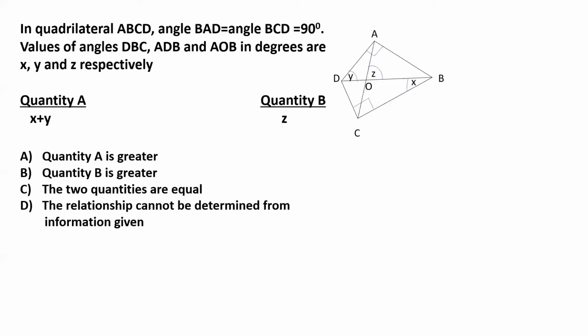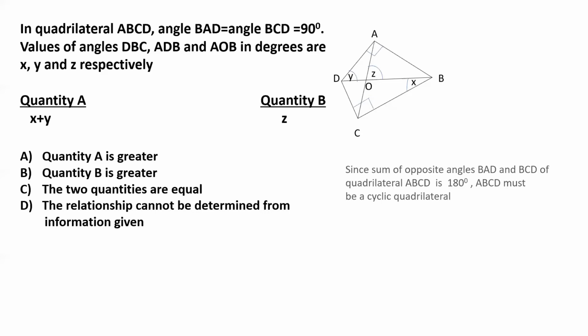We know that if the sum of the opposite angles of a quadrilateral add up to 180 degrees, which in this case it is, because if you take the sum of angle BAD and angle BCD, they will add up to 90 plus 90, which is 180 degrees, right?